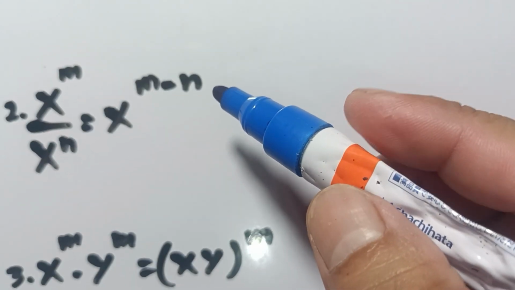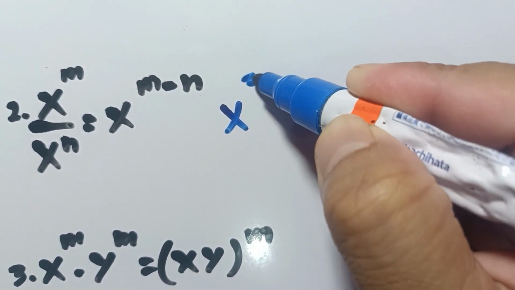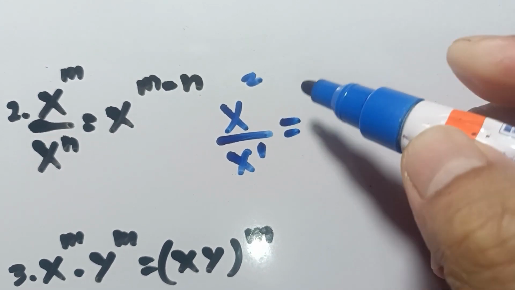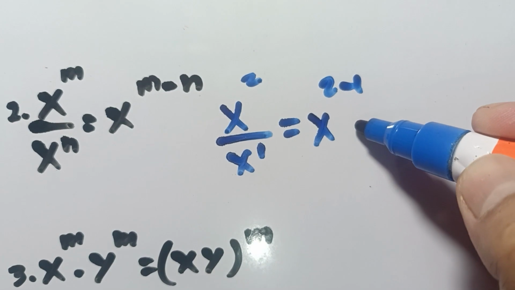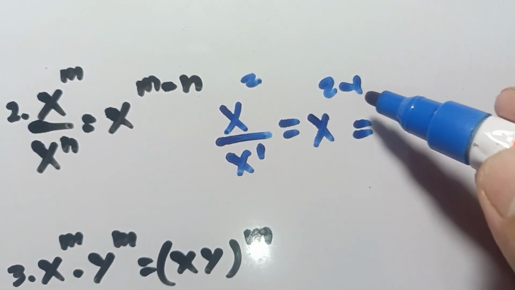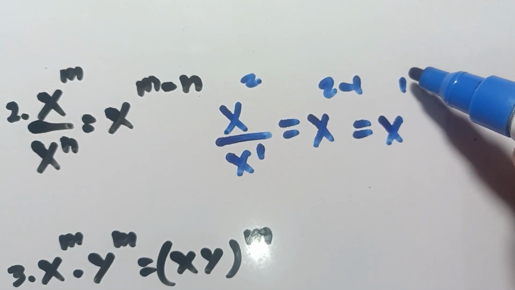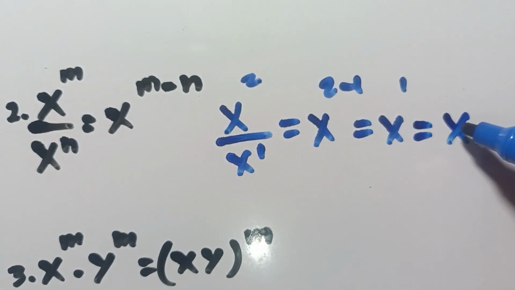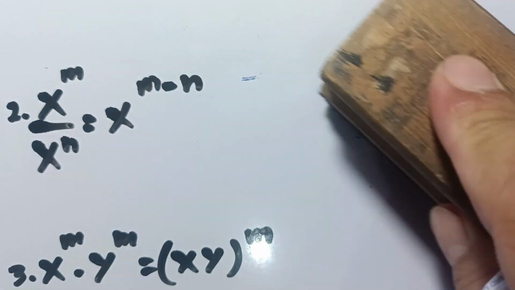For an algebraic expression, I will give you an example: x to the power 2 over x to the power 1, or x, is equal to x to the power 2 minus 1, which is x to the power 1. Any variable or number with the power 1 is equal to the variable or number itself.